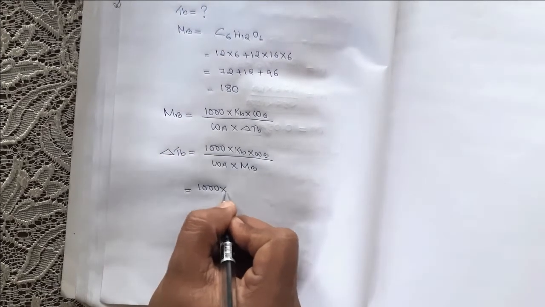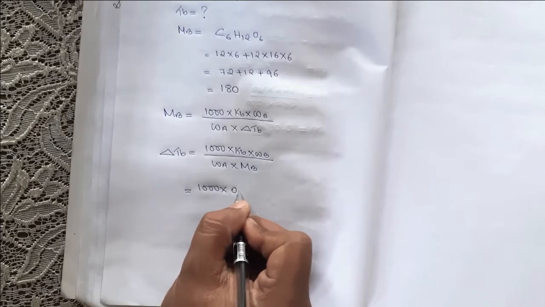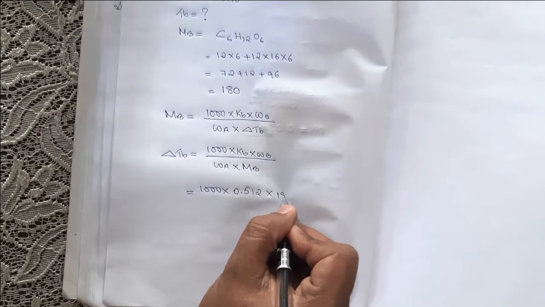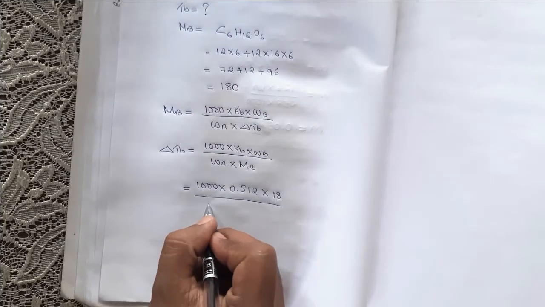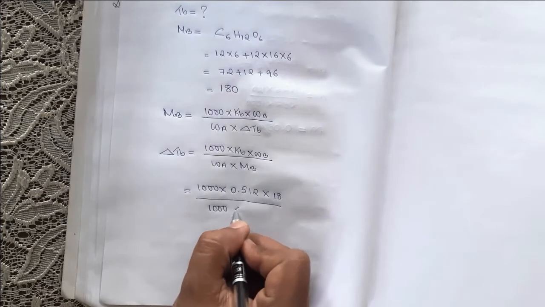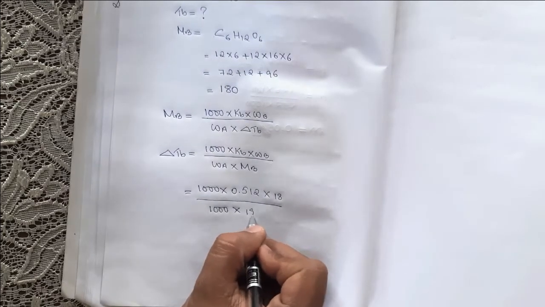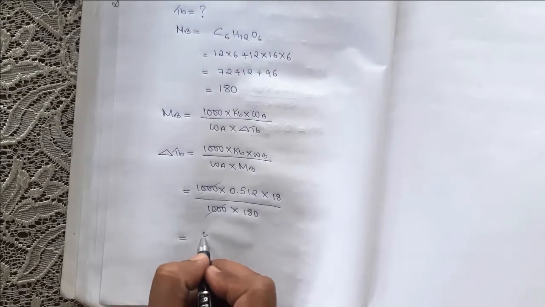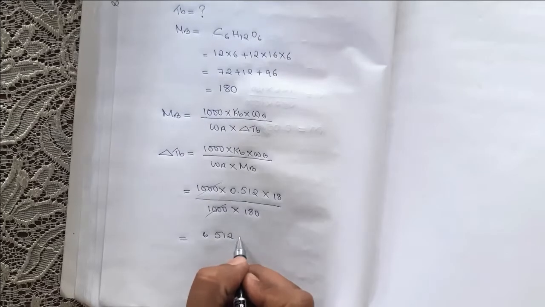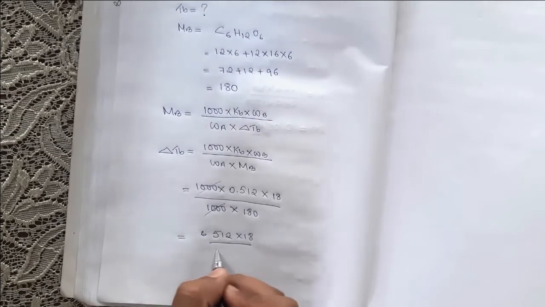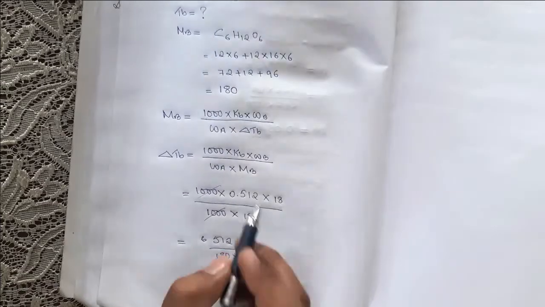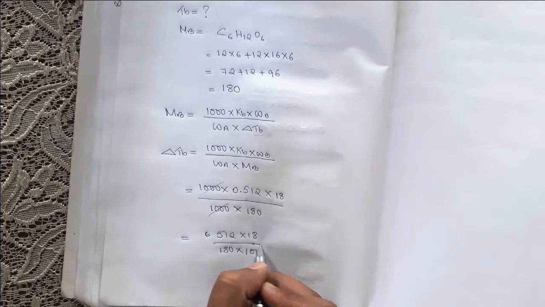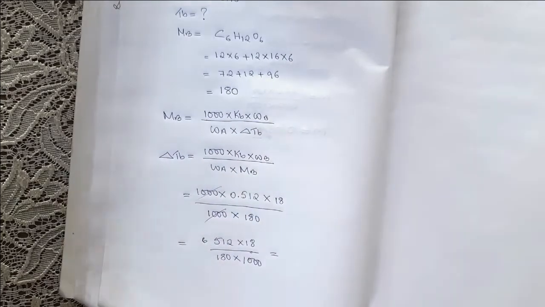We shall have delta TB is equal to 1000 into KB into WB over WA into MB. After rewriting the formula, this is what we get. So now we'll put all the values. 1000 into KB is 0.512, into WB is 18, WA is 1000, into MB is 180.